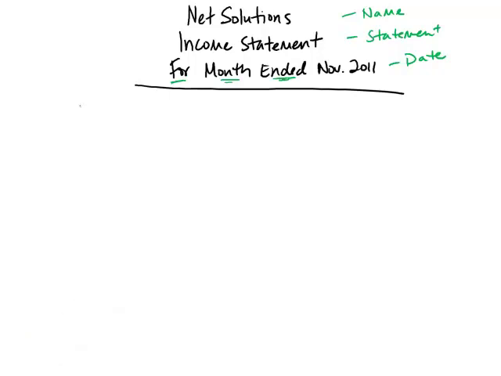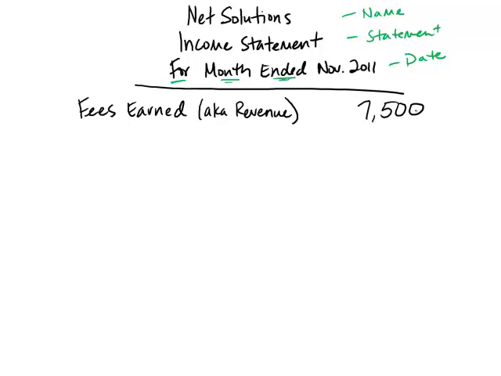All right, so the first thing we're going to put is fees earned. This is also a revenue. Okay, so this is a revenue account. We call it fees earned because he's a service business. When he makes money, we can call it a sale, but generally merchandising businesses call it a sale, and service businesses will call it fees earned. And he had $7,500.